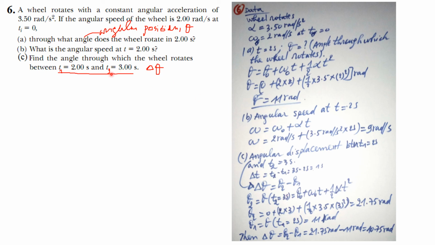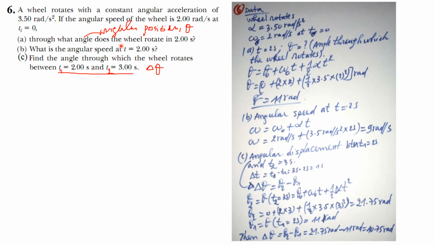Theta 2 equals theta 0 plus omega 0 t plus 1 over 2 alpha t squared, where t is replaced by 3, omega 0 is 2, and theta 0 equals 0. We see that theta 2 equals 21.75 radians.